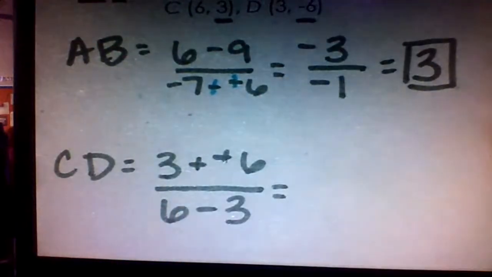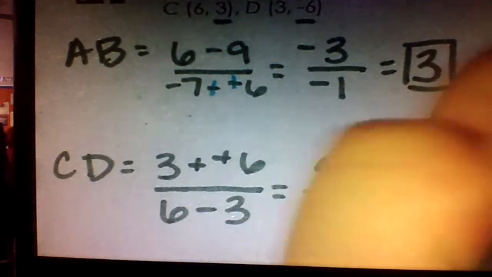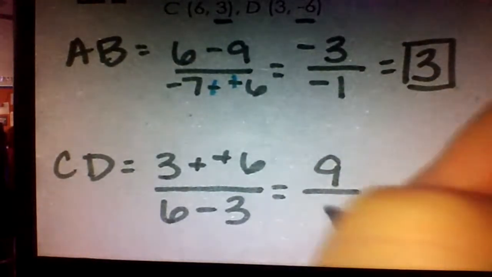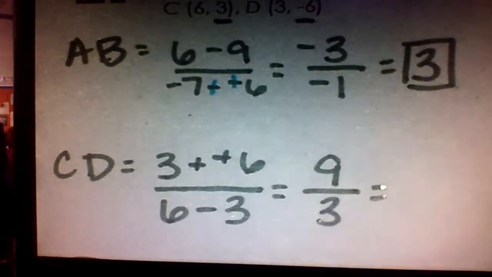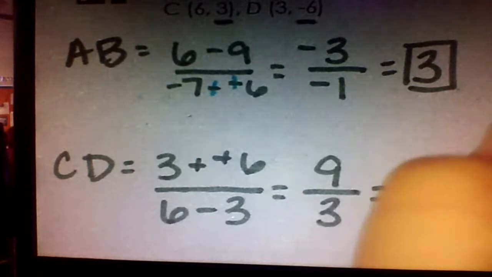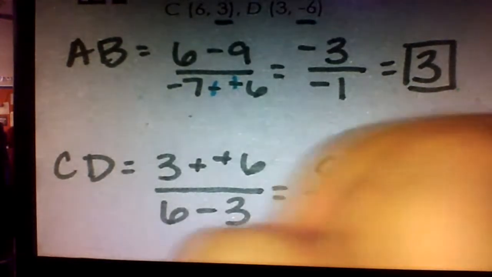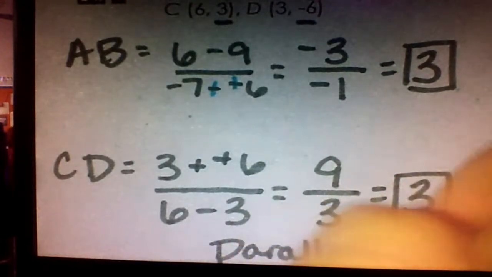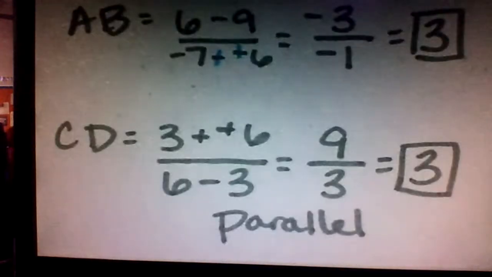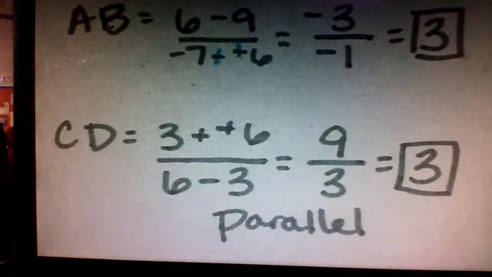Because again, this turns into plus a positive. 9. What's 6 minus 3? 3. And what's 9 divided by 3? 3. So these lines are parallel, because my slopes are the same.